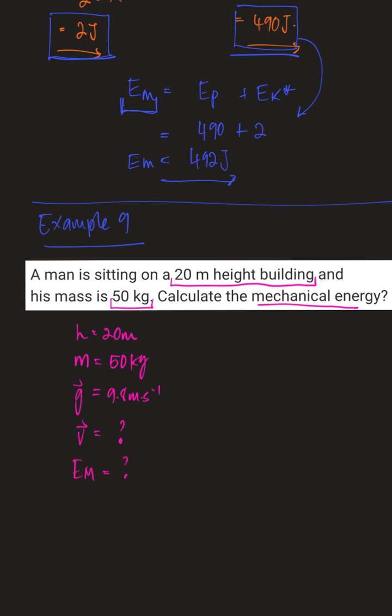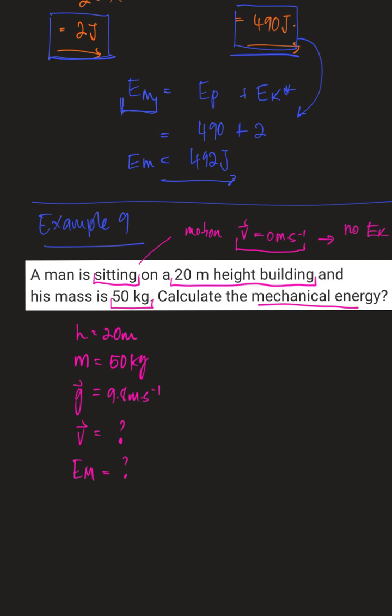What I need to understand when I have an example like this is that you can still work out the mechanical energy, but I hope you can notice now that this person is just sitting. So what I know about its motion is that the velocity of this person is 0 meters per second. And if the velocity is 0 meters per second, remember what we said, there can be no kinetic energy.